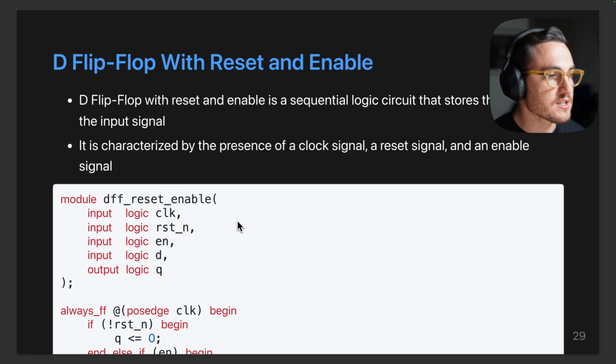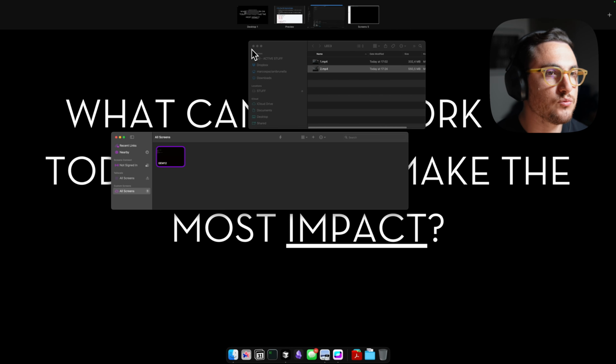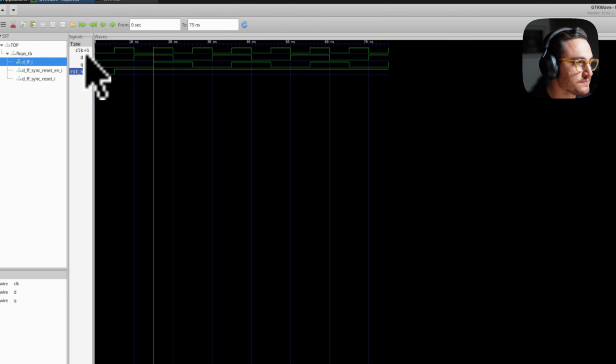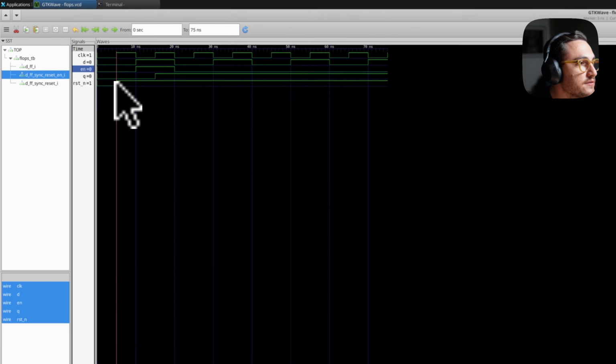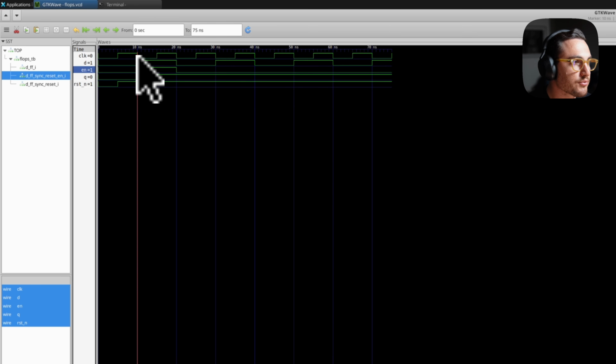We have the clock, the reset, the D, the enable, and the Q. If you think about it, it decides, after the reset has been deasserted, how and when the Q follows the D input. And if we look at the waveforms, you can see here reset is deasserted. So now we are working properly.